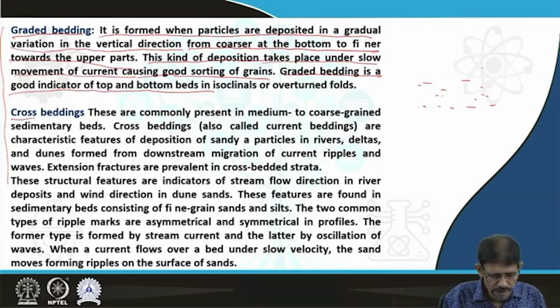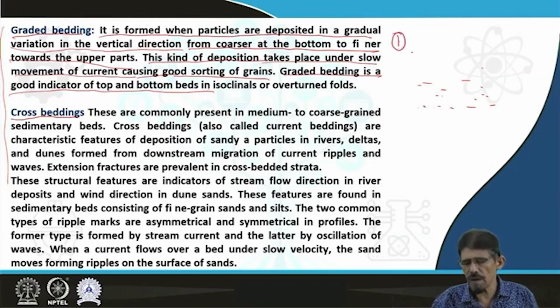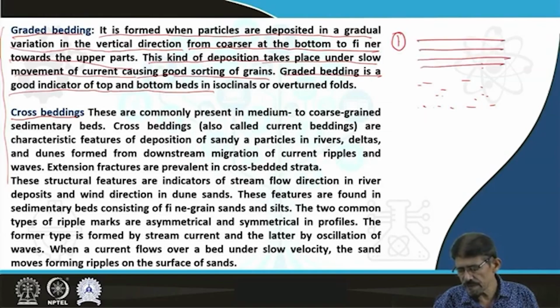Cross bedding, as the name indicates. If we look at bedding, it can be divided on the basis of curvature: zero curvature means linear in nature, then curved in nature, then erratic in nature.